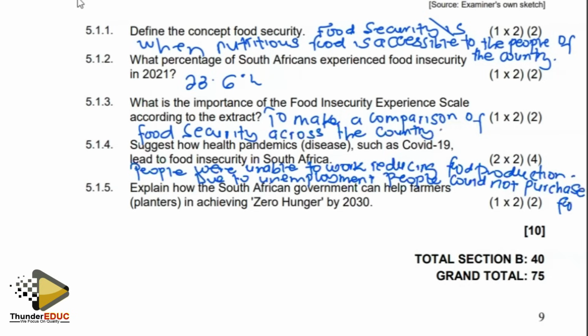Okay. Then explain how South African government can help farmers, or you can call them planters, in achieving zero hunger by 2030.